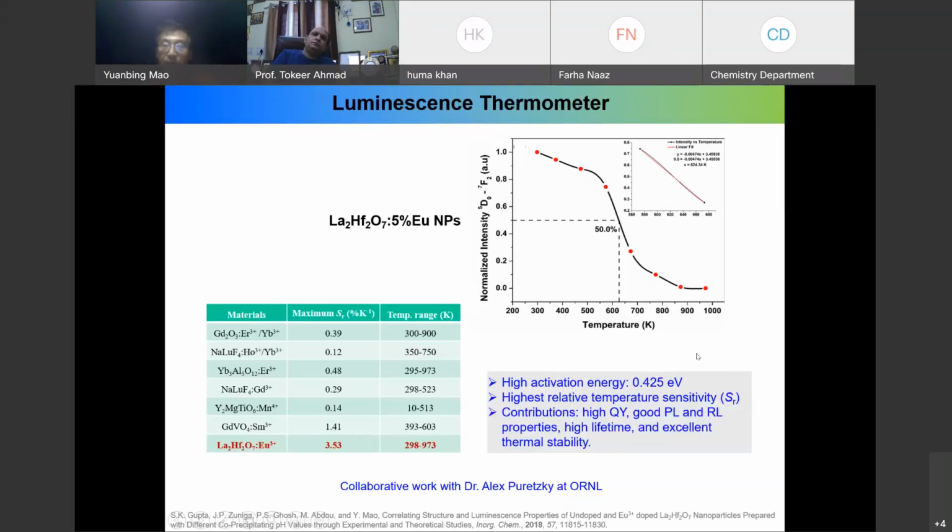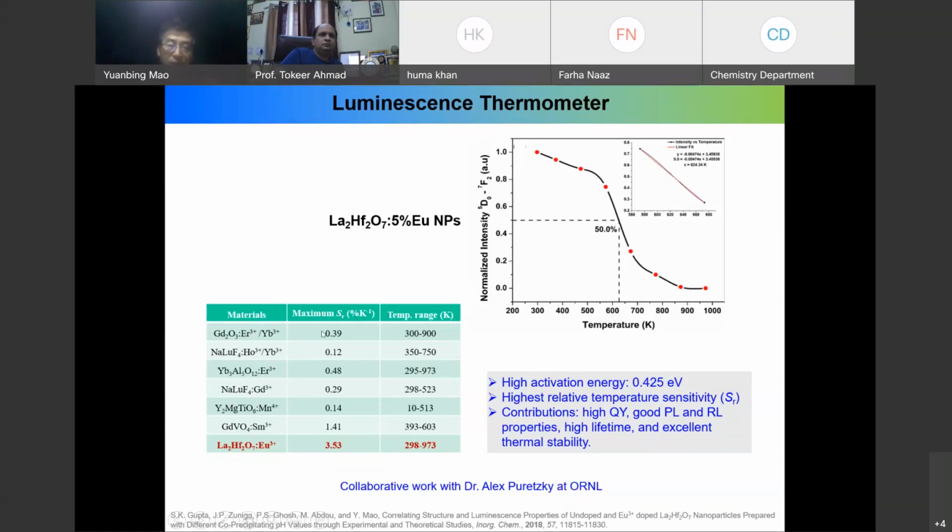Here I'm not going to tell you exactly how this is done, but we can calculate the maximum relative sensitivity and in what temperature range. From here, you can see this one is our sample, and the other ones are reported in the literature.